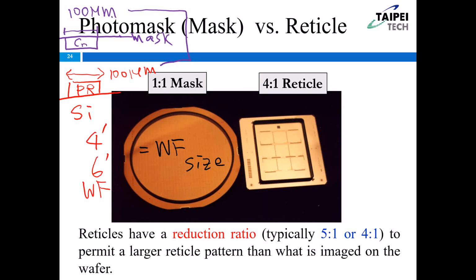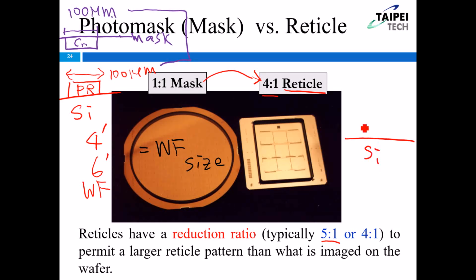So how about right now? How can we do? We need to change the photo mask to reticle with a reduction ratio about 4:1 or 5:1. What does that mean? So I also give you the example so you can understand.